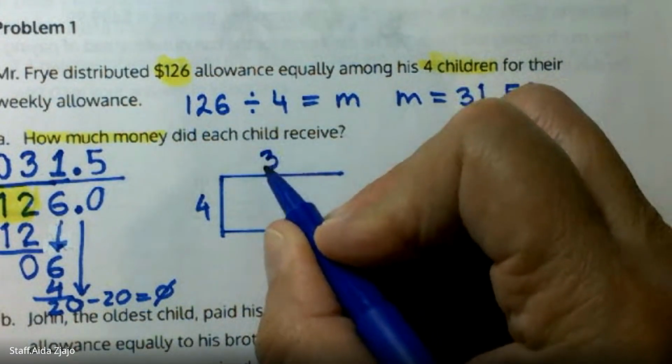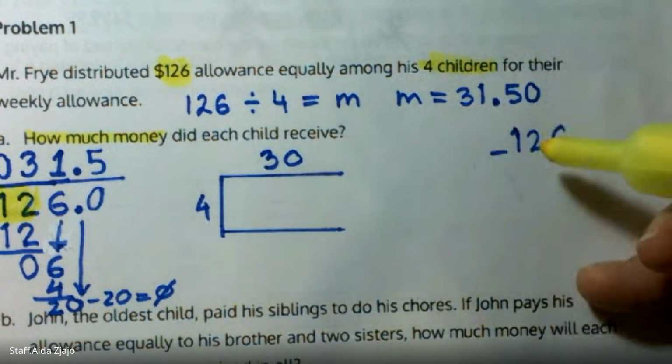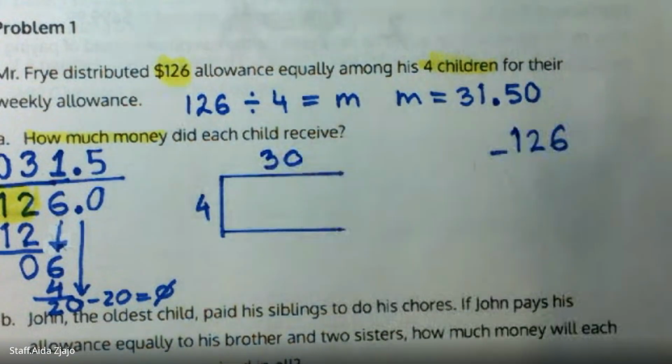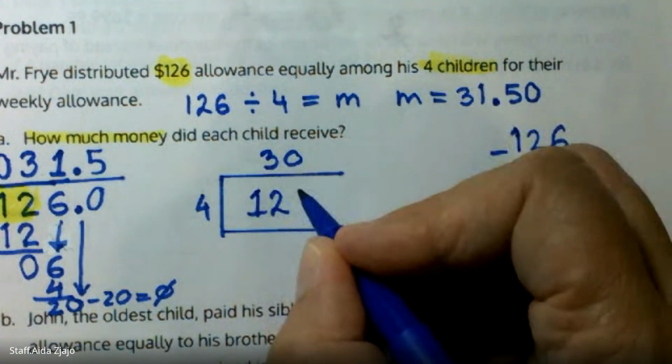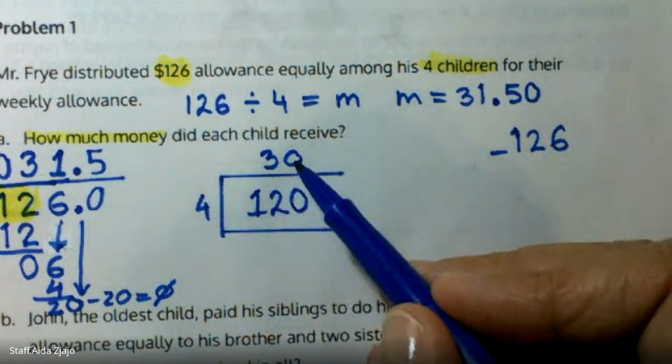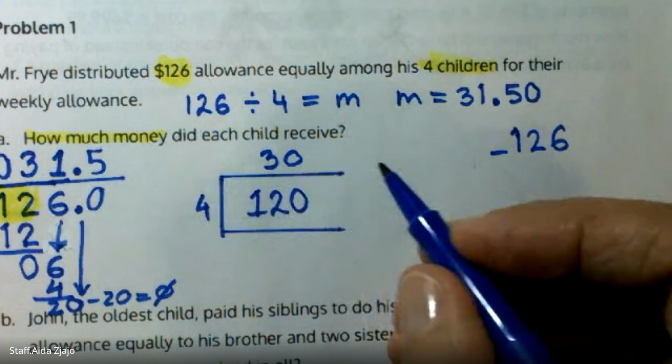That is 30, because 4 times 3 is 12, and this represents tens, so 4 thirties is 120.